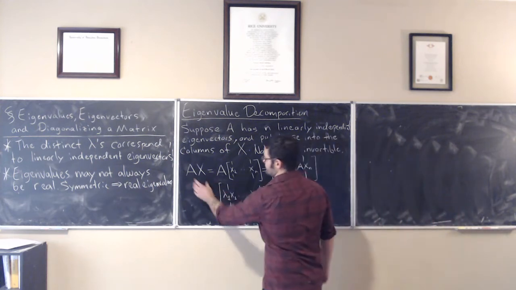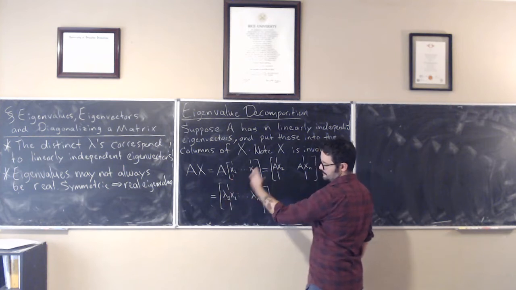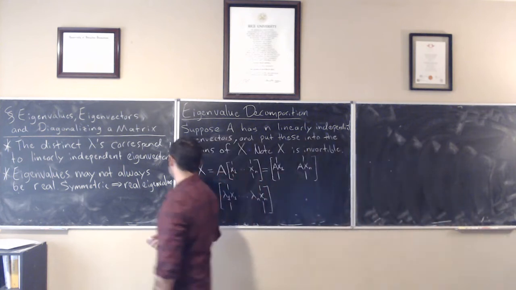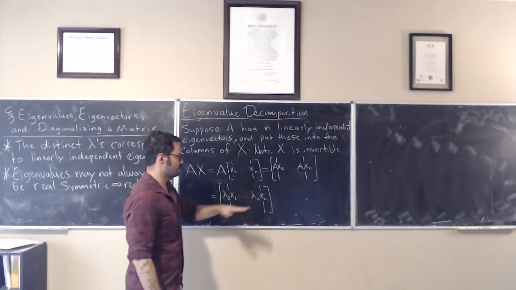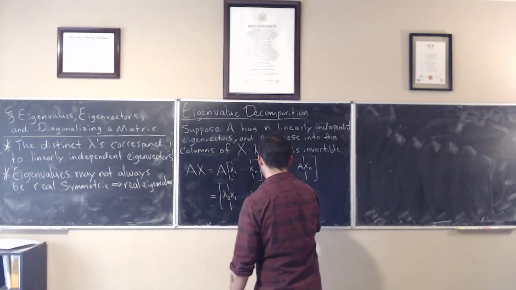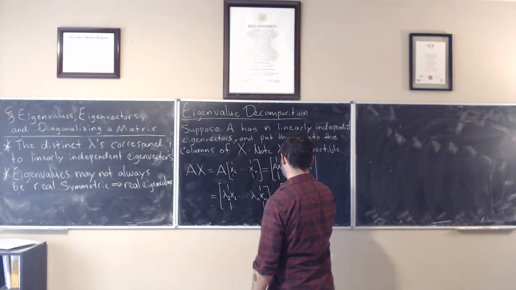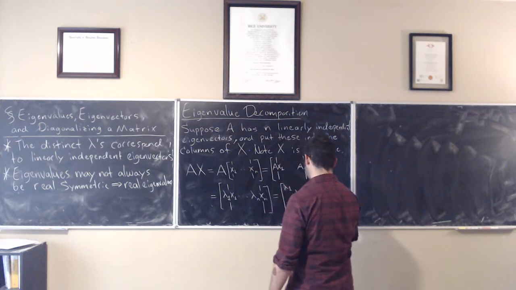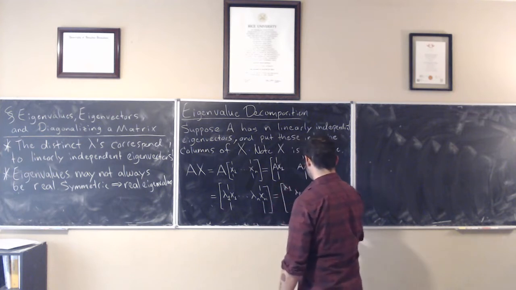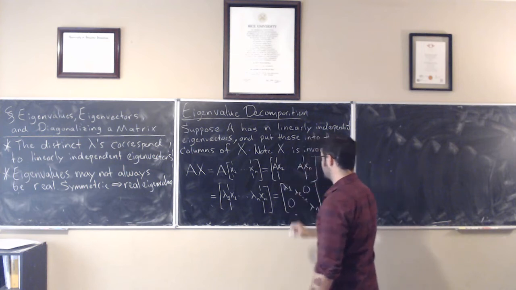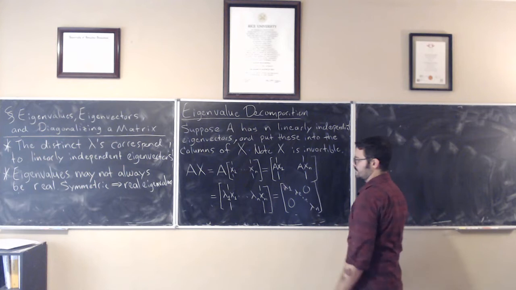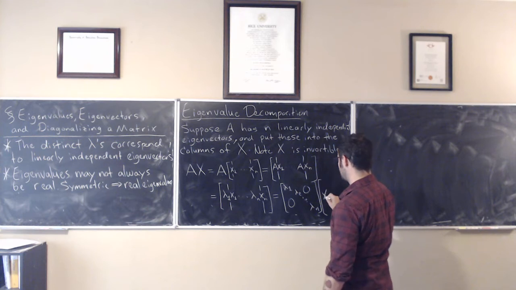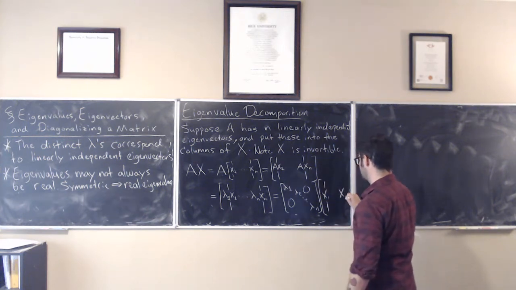So A times X has columns lambda i times the vector xi, where xi is an eigenvector. Now this is actually a very easy matrix to write as a product. We can write this as a diagonal matrix, lambda 1, lambda 2, dot, dot, dot, lambda n, with zeros all over the place and the only values on the diagonal, times x1 column, dot, dot, xn column.